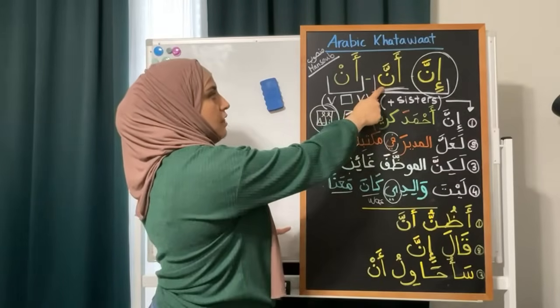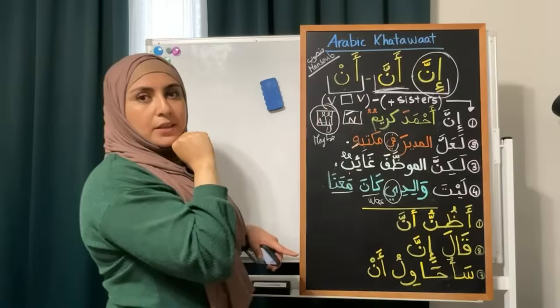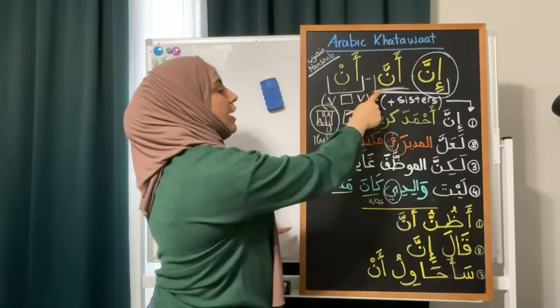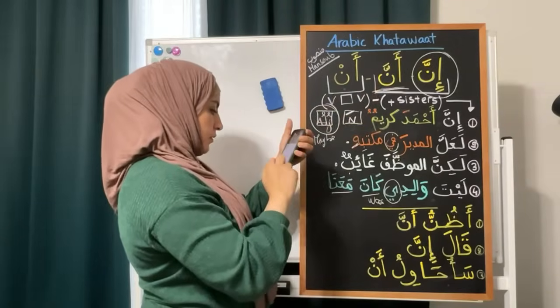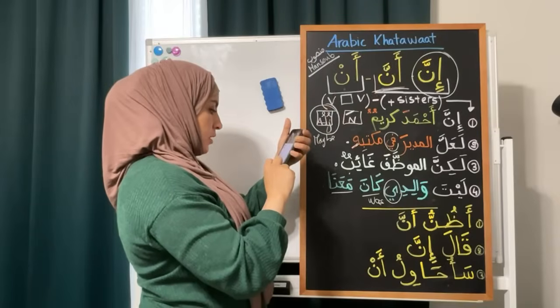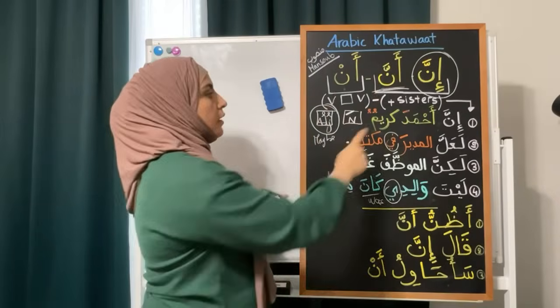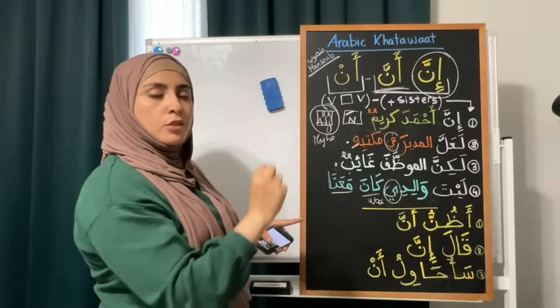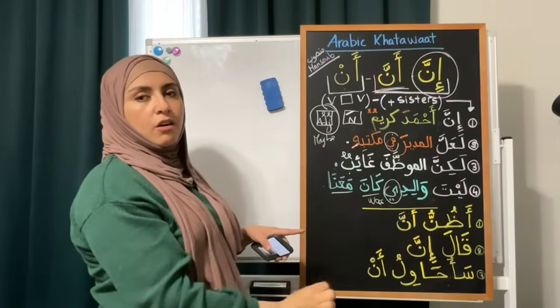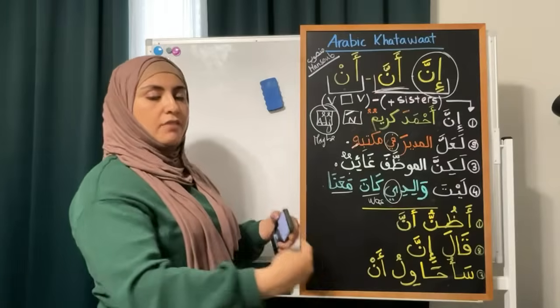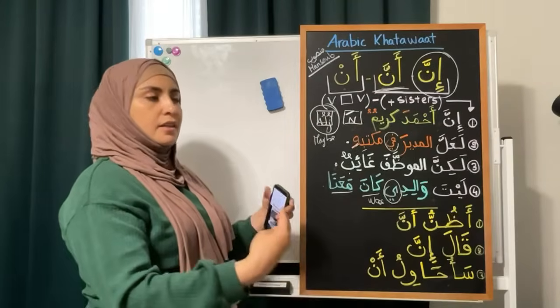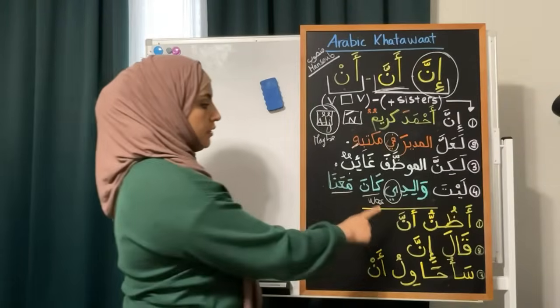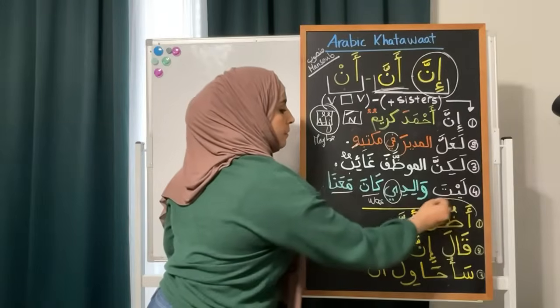Now, how can I use anna and an? Anna and an. Anna, I would use it with a specific list of verbs. I have to have a good amount of vocabulary that are part of verbs, and I need to state the verb at the beginning.